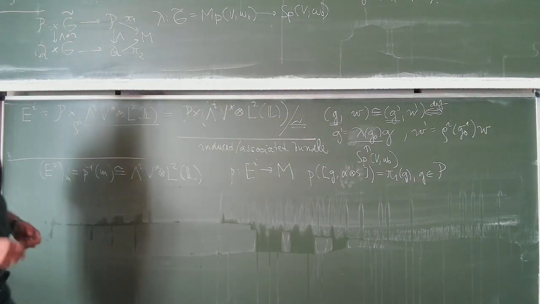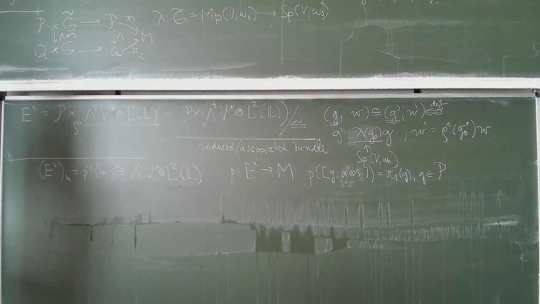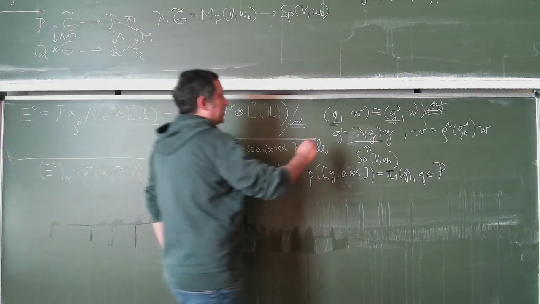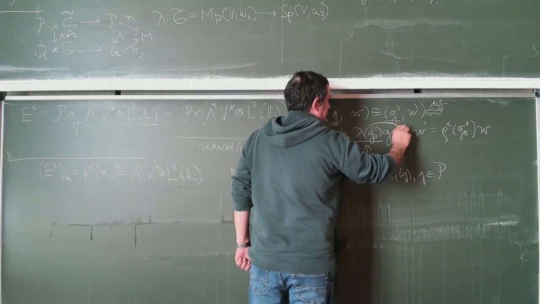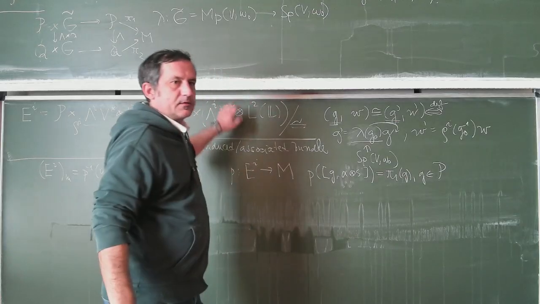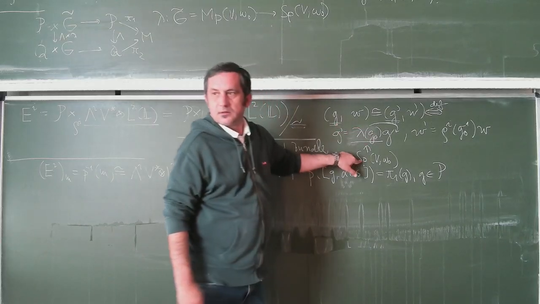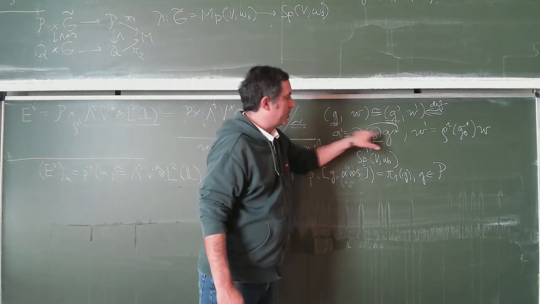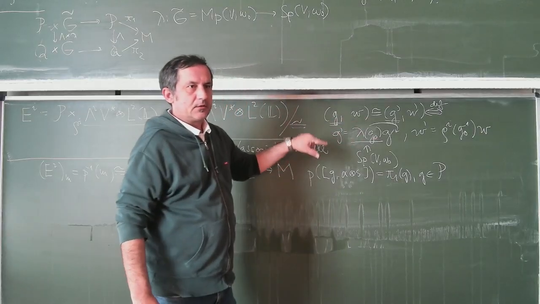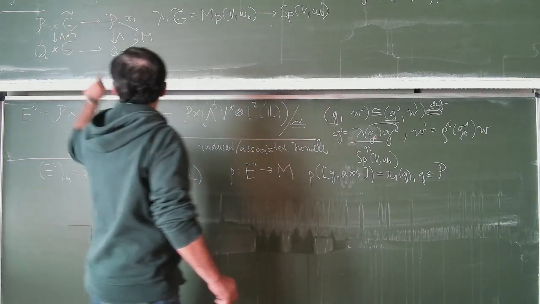Okay, maybe when you see it for the first time, you might be surprised. I made a mistake here. The action is supposed to be from the right. Does it make sense? Lambda G0 is in the SP, and it acts from the right on the frames. So it's supposed to be from the right.